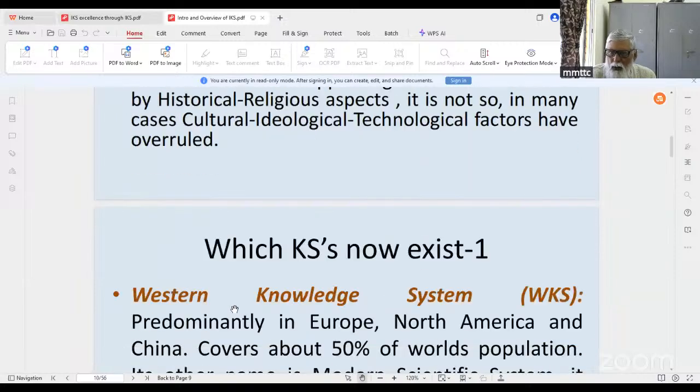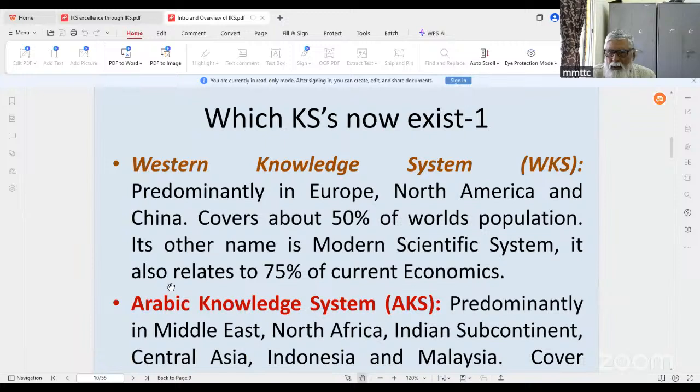Okay. So, which knowledge systems now exist? What one calls the Western knowledge system, WKS, is predominantly found in Europe, North America, and China, and covers about 50% of the world population. Its other name is the modern scientific system. It also relates to 75% of the current economy.